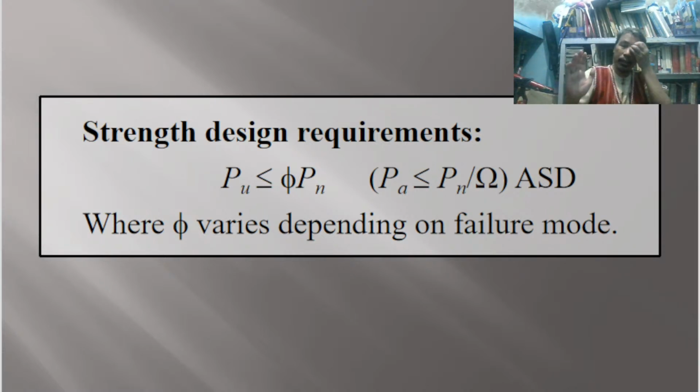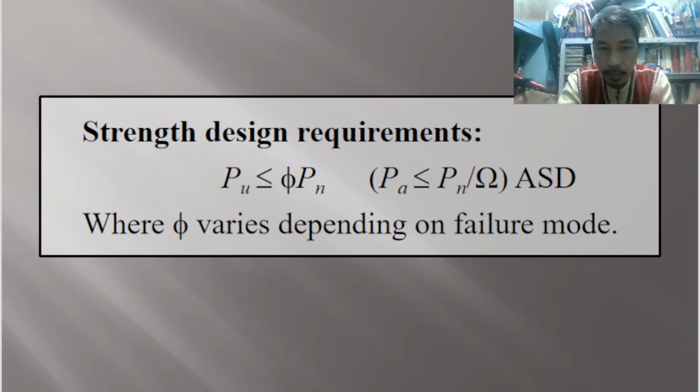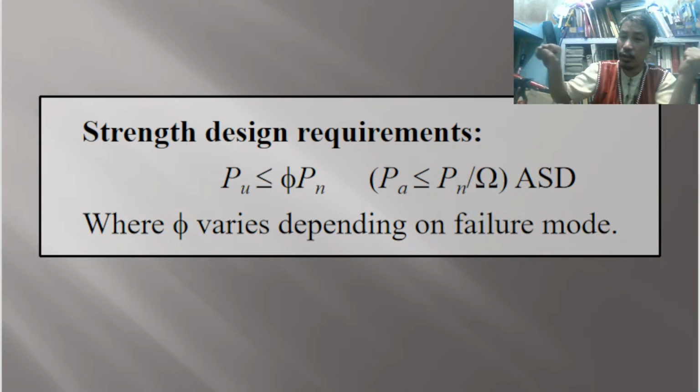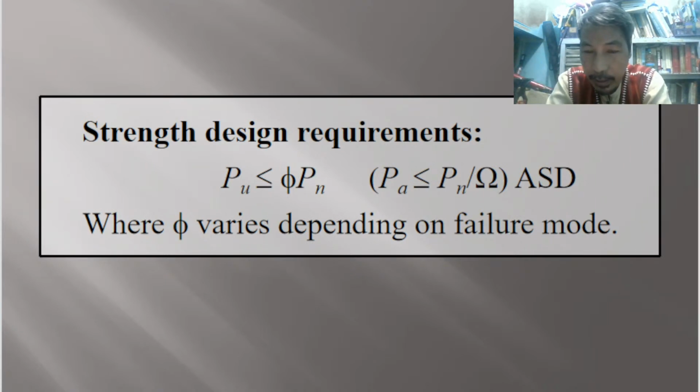We already know what omega is, what P sub N is, and what P sub A is. P sub A, the allowable force, must be equal to or less than the nominal force divided by omega. P means force, tensile force, and omega is our safety factor.